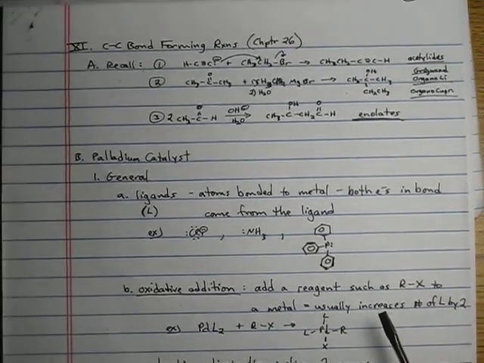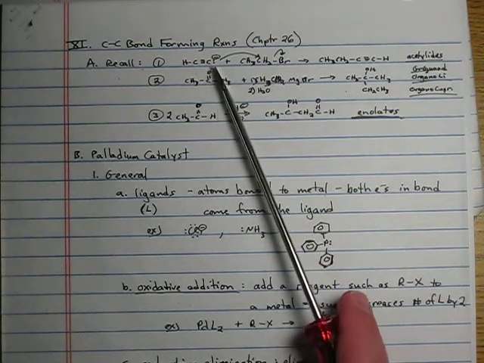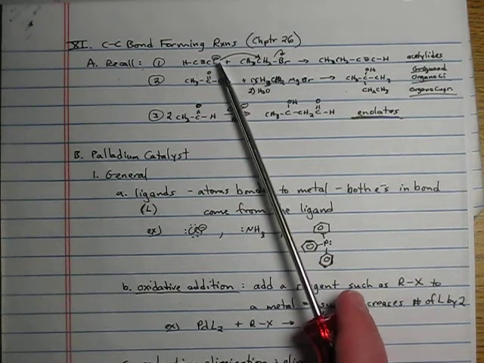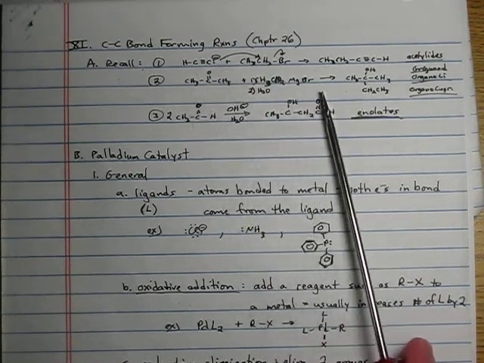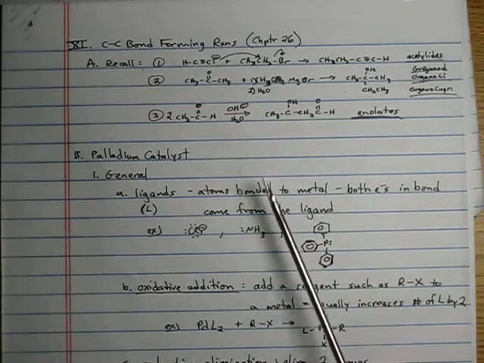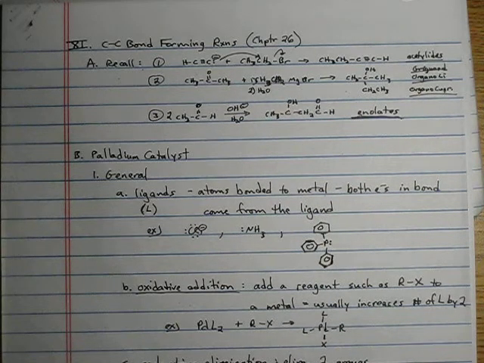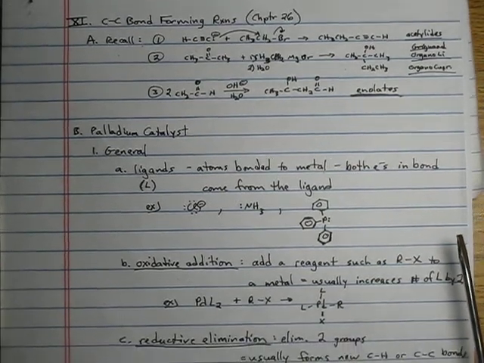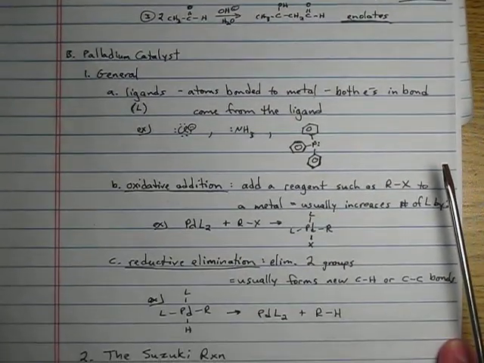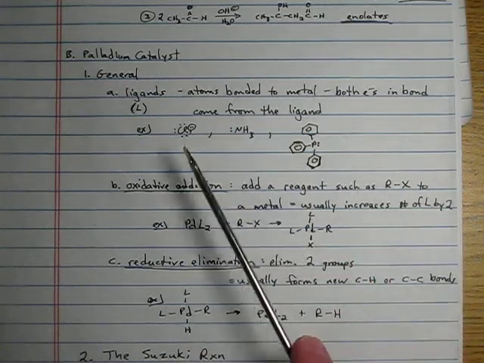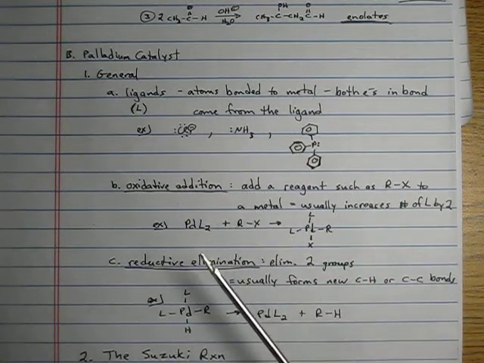Remember up here when we have the acetylide, we could have a sodium or a lithium, and also with our organometallic reagents, we could draw it as a single bond between the carbon and the lithium, or we could draw it as a carbanion because it reacts as carbanions. Either way, if you drew it as a single bond, both electrons would come from the carbon up here. Here, both electrons come from the ligand when bonded to the metal.